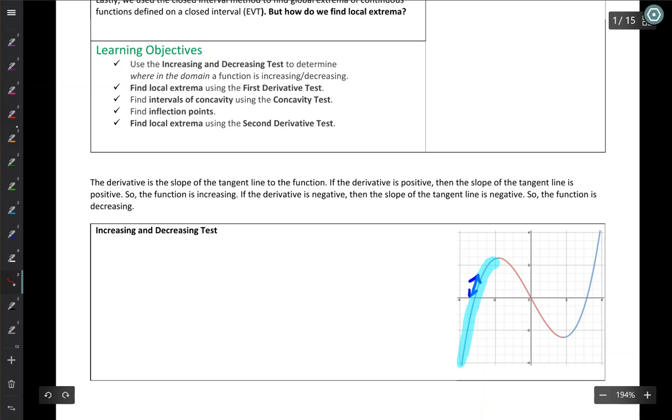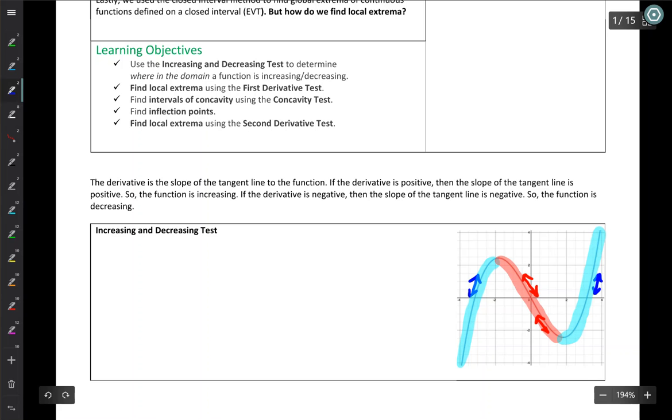If the slope of the tangent line is negative though, like here we've got negative slopes, my function is decreasing. And if you've got positive slopes again, with this particular picture, we see that our function is increasing again.